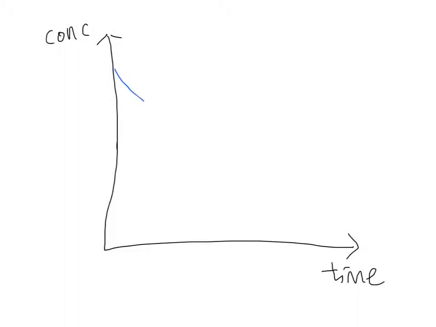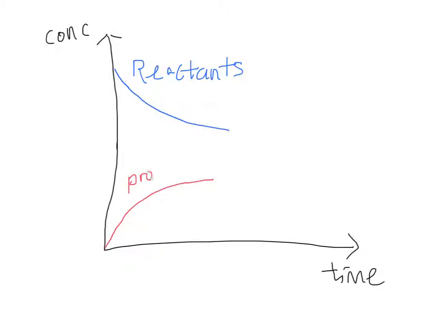So this is our reactants, decreasing because it's being used up over time. While at the same time, products start from 0. There are no products initially, so you start from 0. This is products, and it's going up because reactants are being converted to products.